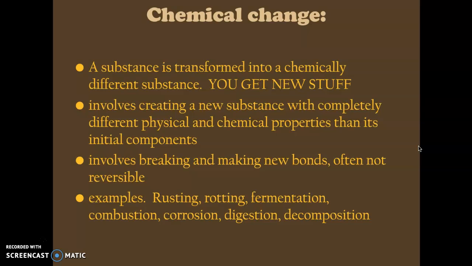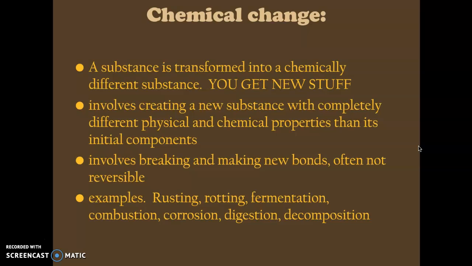Combustion is the one that's your favorite because combustion involves things exploding and things burning, but other things such as decomposition or synthesis or rusting, corrosion, digestion, fermentation. All of those things are examples of chemical changes. So guess what? This is it on your notes, believe it or not.